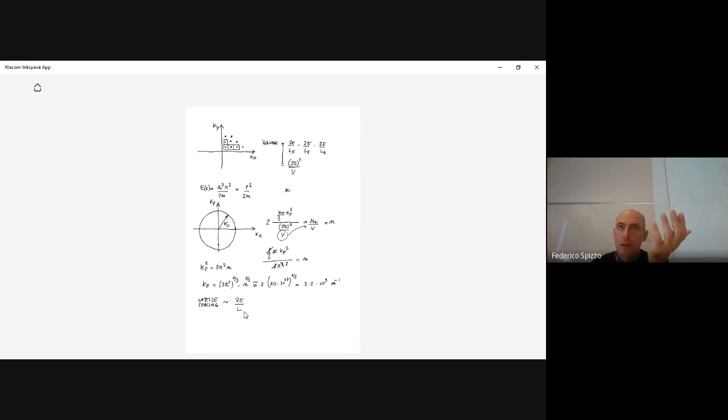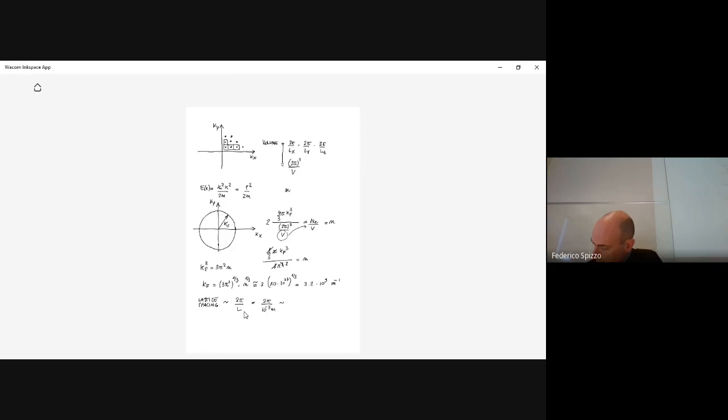If the size of the solid, just to fix a number, is a macroscopic parameter, millimeters, centimeters, if we fix, for instance, 1 millimeter, this is 2 pi divided by 10 to the minus 3 meters.